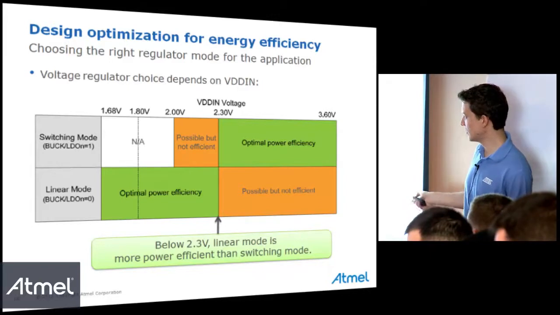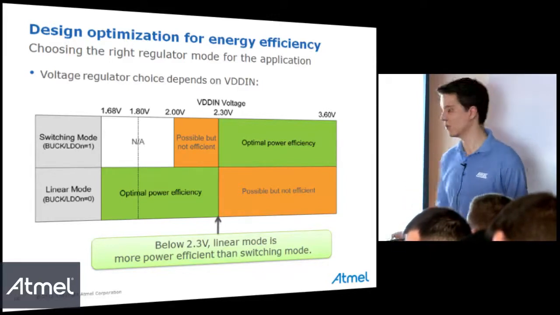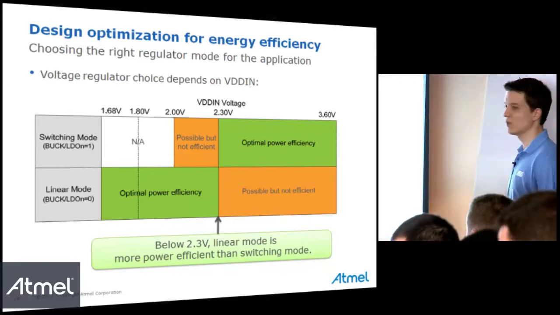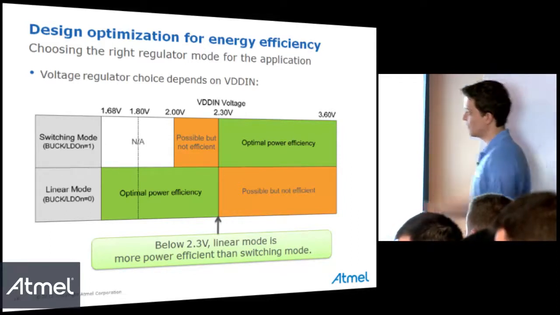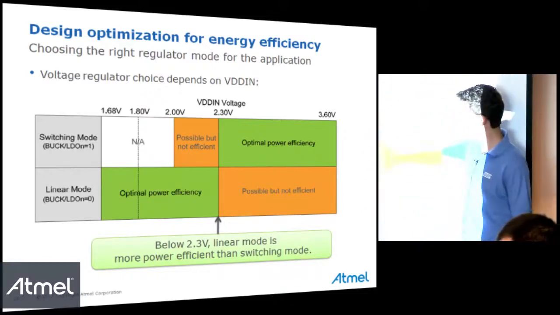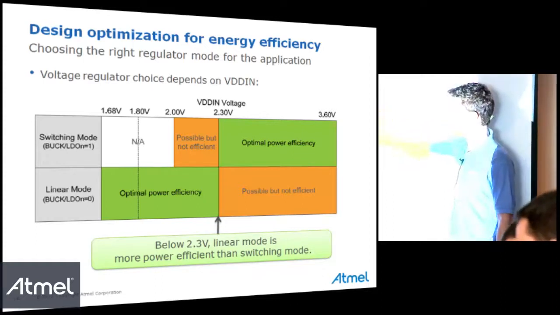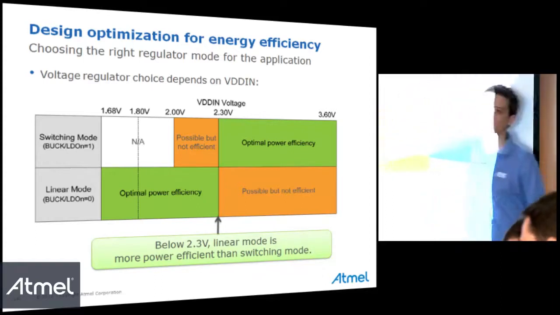If you run in linear mode above 2.3, you will have a lot of power consumption. Same for switching mode, you cannot go below that. So mainly, we try to extend this voltage range by including a linear mode also.